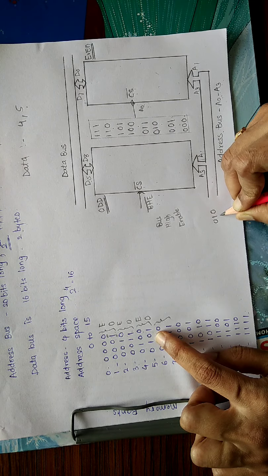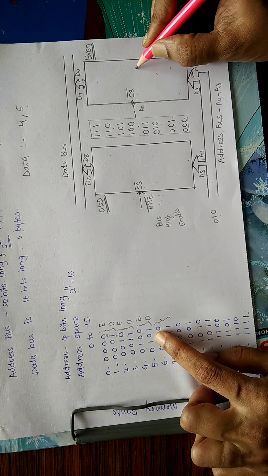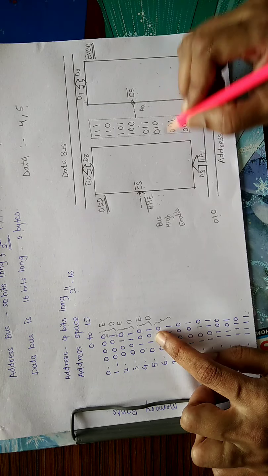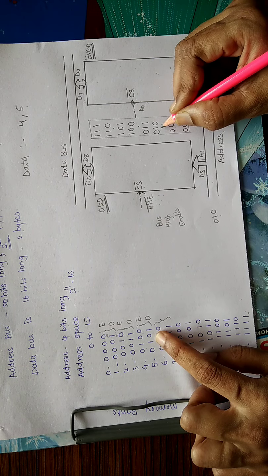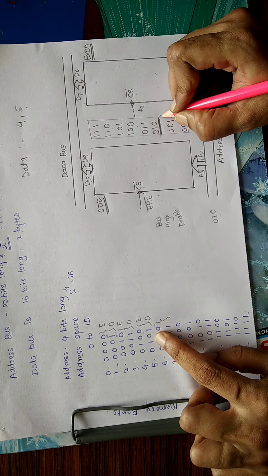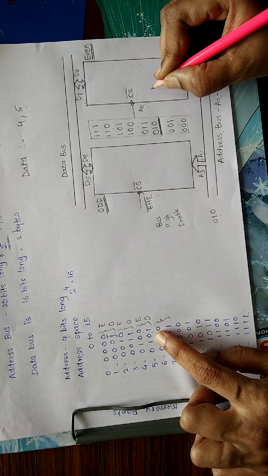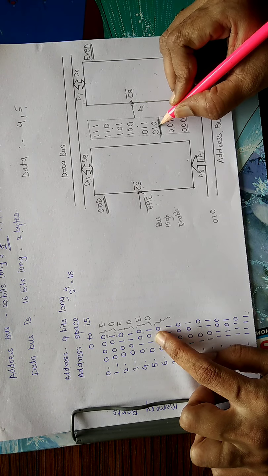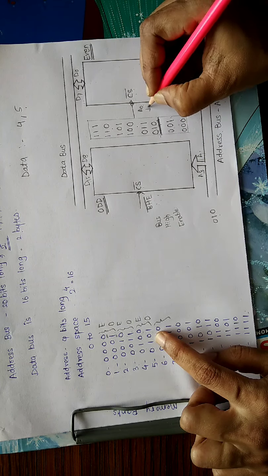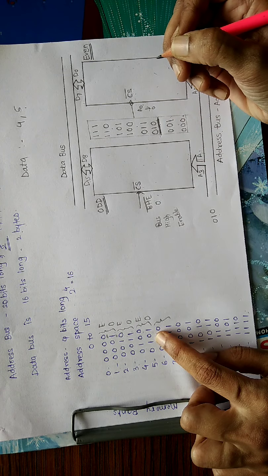The lines A1 to A3 are connected to the odd and even banks, enabling the processor to fetch data from location 010 in both banks. But to fetch the data located at location 010 in both banks, it has to set A0 to 0 as well as BHE bar to 0.